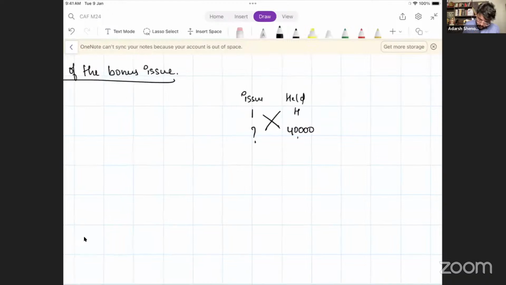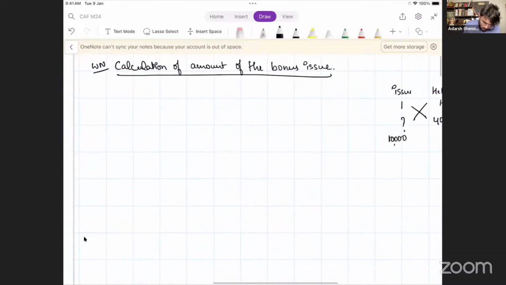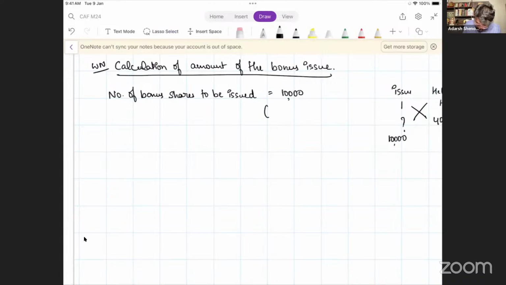How many shares am I going to give as bonus shares? 10,000. Number of bonus shares to be issued is equal to 10,000 shares. You can show the cross multiplication.